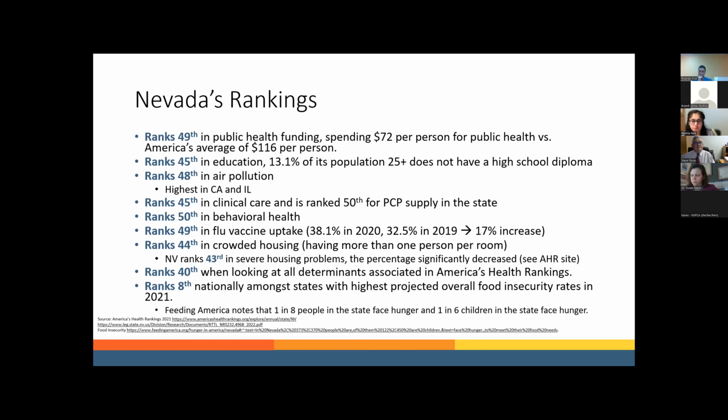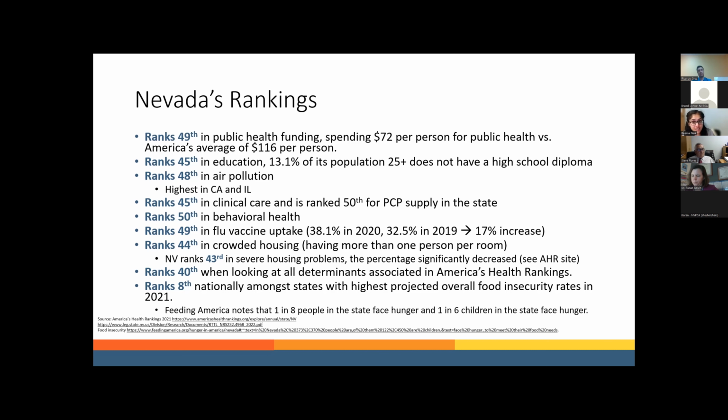Our state also ranks low in education. And when we look at low education further, it's related to low health literacy for our patients. And low health literacy is related to poor health outcomes for patients too. And when it comes to our environment, we rank low in our air pollution as well.